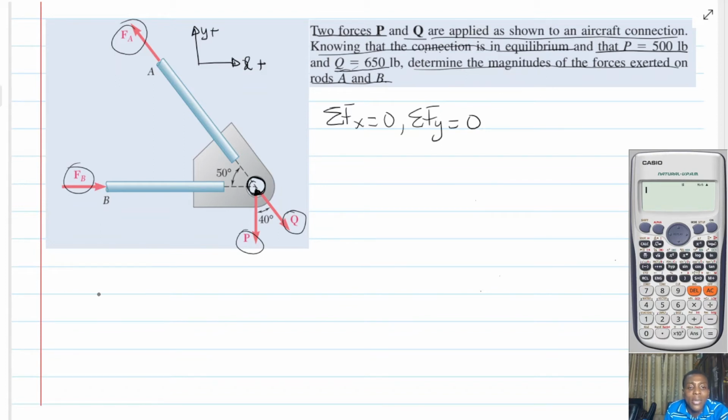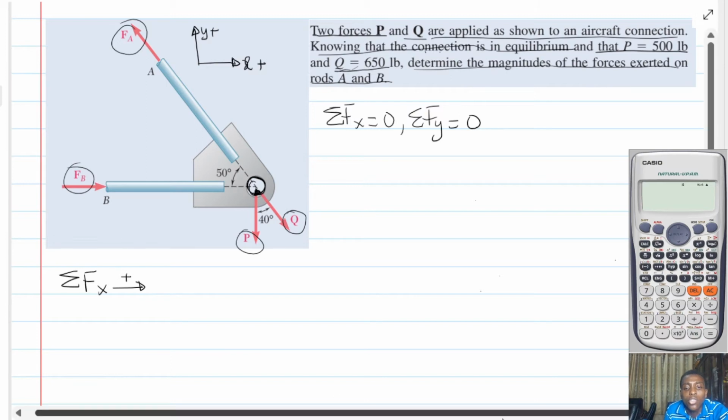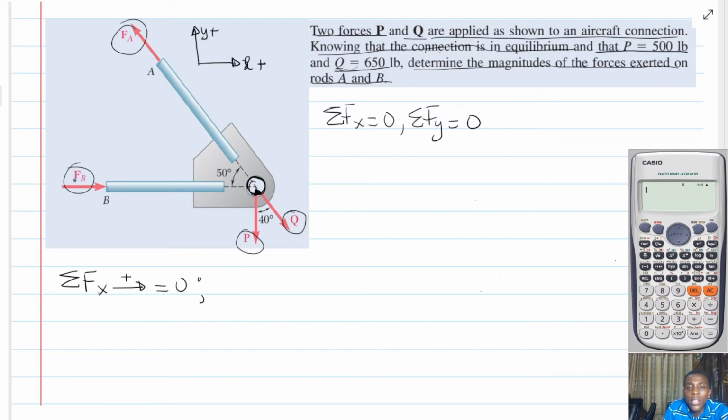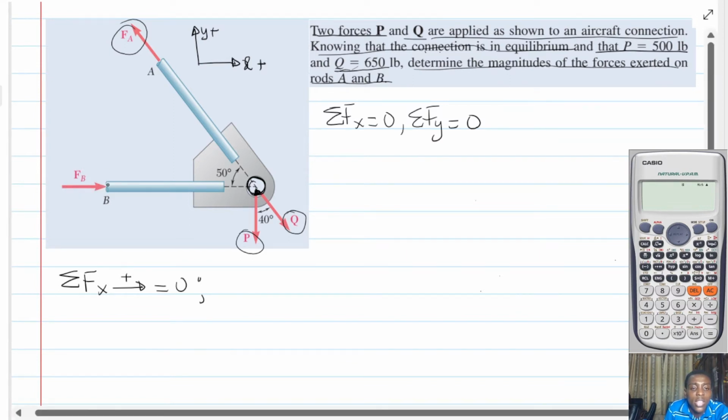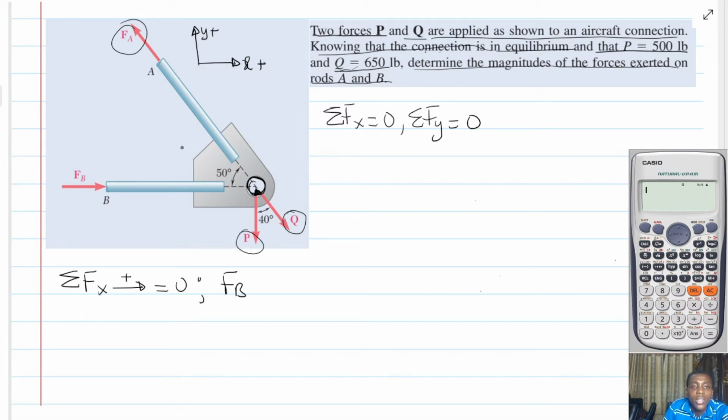So let's start by summing forces in the x direction. The summation of forces in the x direction, every force in this direction should be positive, should be equal to 0. FB is already oriented in the x direction, so here it is going to be FB positive.